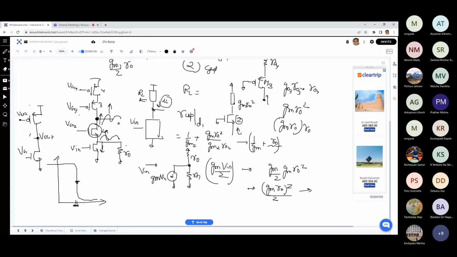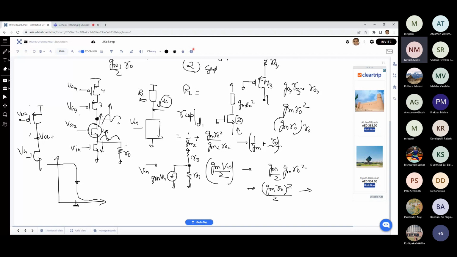Now, what about the Miller effect in this case? Quickly, we have to speed up certain things. What is the situation of the Miller effect here?